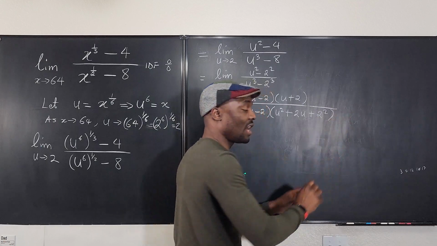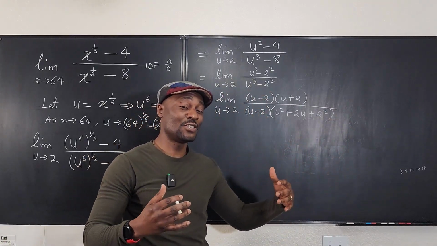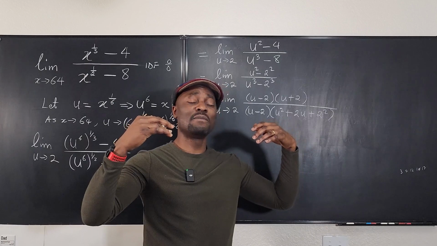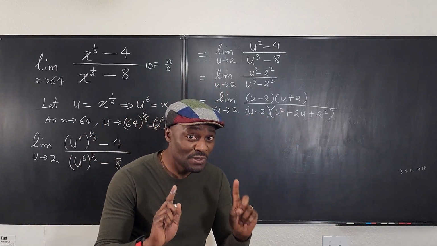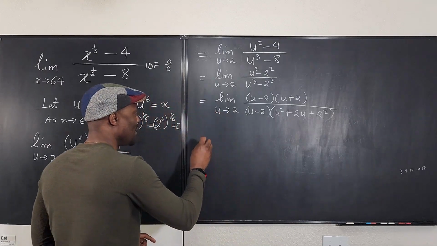Remember you have to know how to factor the difference of two cubes. Now if you've forgotten how to do this, this is one of the things you need to memorize from your algebra 2 or pre-calculus. You have to know how to do the difference of two cubes. Okay, now let's go on.